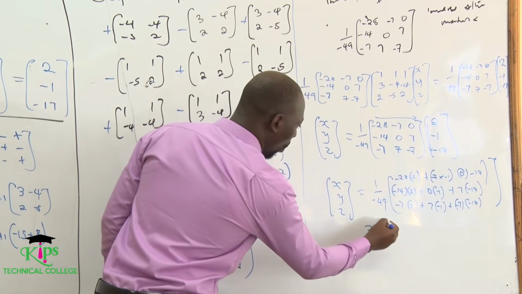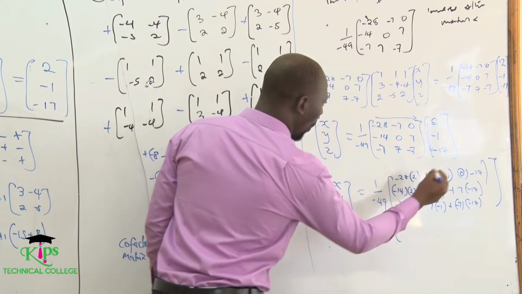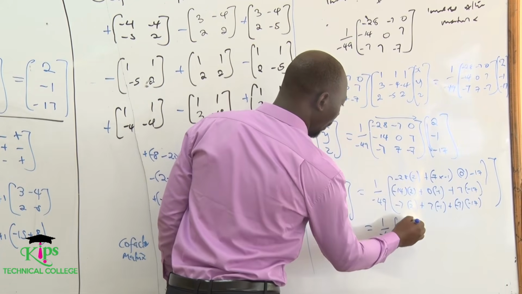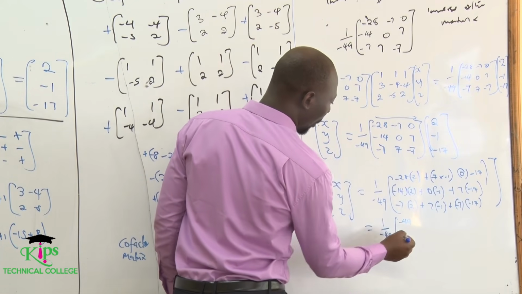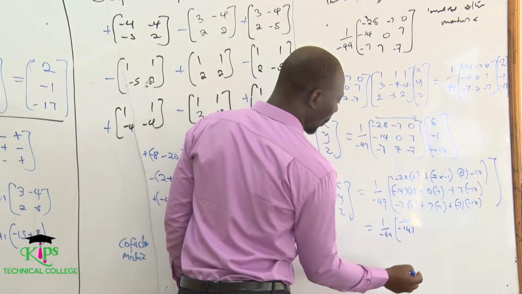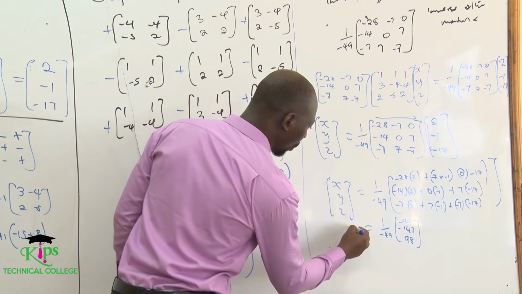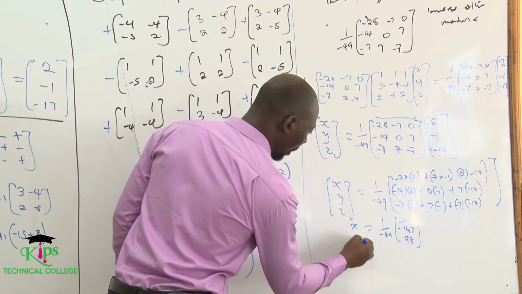That gives you 1 over negative 49 times the upper one. If you sum, you get negative 49. The middle one, if you sum together, you get negative 147. The down one, if you sum together, you get positive 98. So this one is equal to x, y, and z.